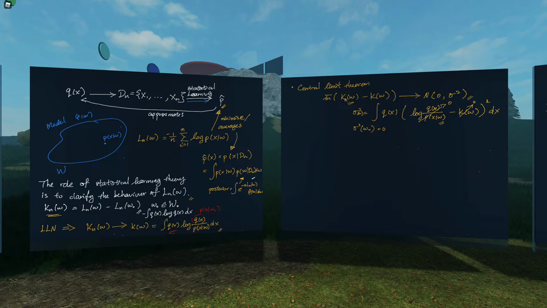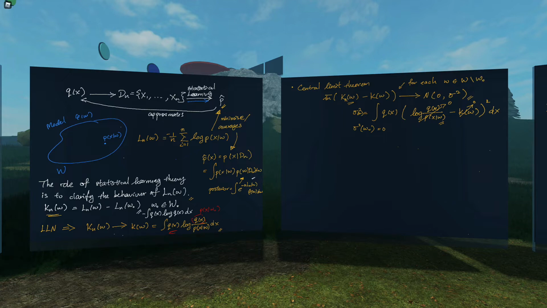That means it's actually undefined as a normal distribution in the set of true parameters. So this convergence is really just pointwise convergence. This only holds for each W away from the true parameters.